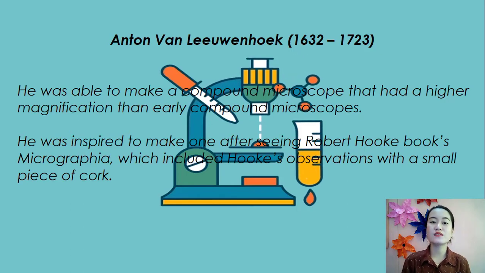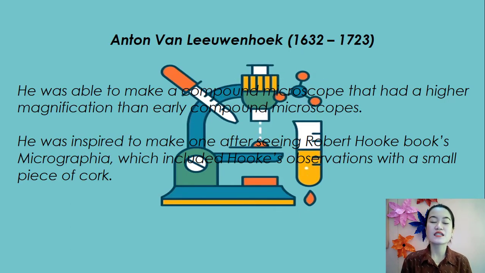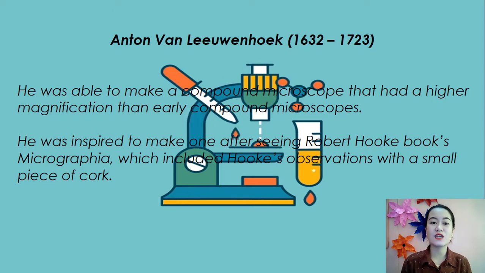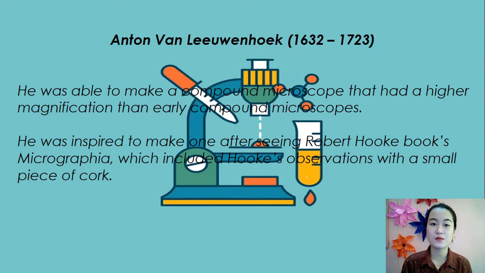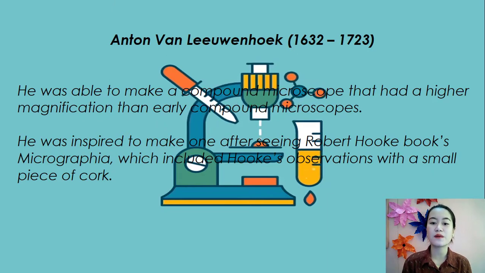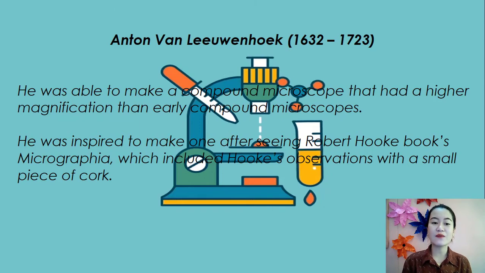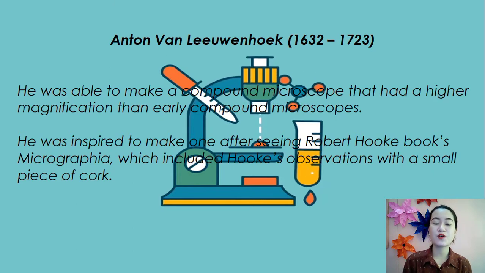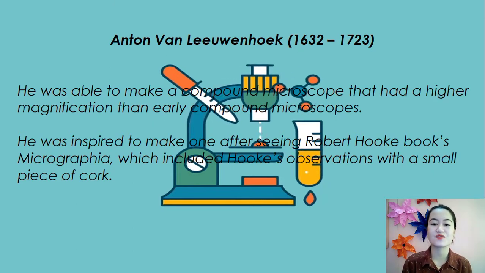Next, we have Anton van Leeuwenhoek. He was able to make a compound microscope. Na-develop ito ni Mr. Anton van Leeuwenhoek that had a higher magnification than the early compound microscope. Itong ginawa ni Anton van Leeuwenhoek ay mas innovative compared dun sa ginawa ni Zacharias Janssen.